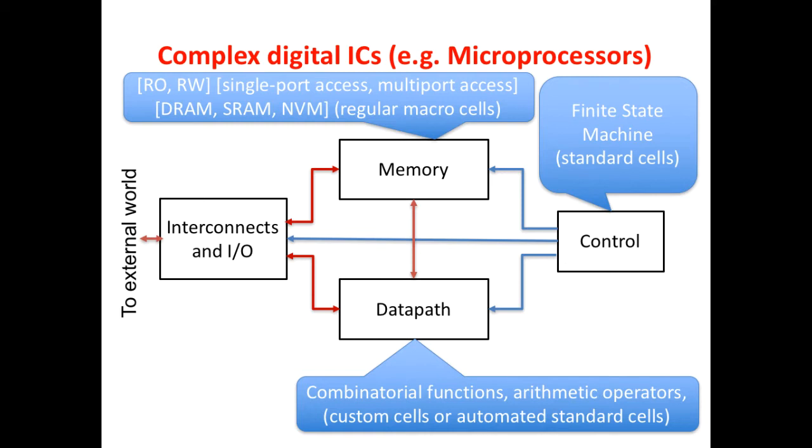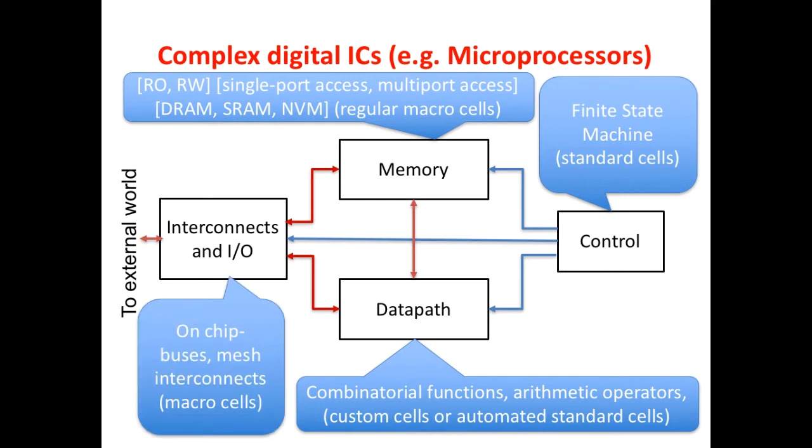And in this case, we have, as it is written there, regular macro cells. So typically, the building blocks of each type of memory are already designed, and they are available to form a larger memory block. And finally, we have the input-output circuits.